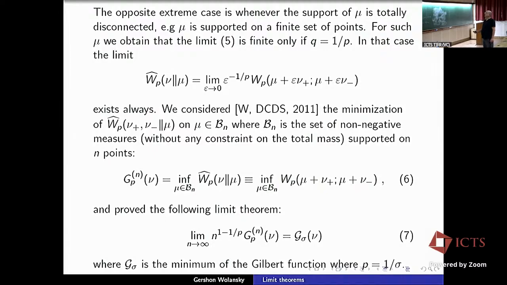But back in 2011, in the Discrete and Continuous Dynamical Systems journal paper, I considered the minimization of this not on the set of probability measures, but the set of all measures which have n support points, supported on n points.